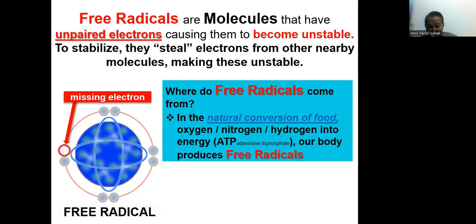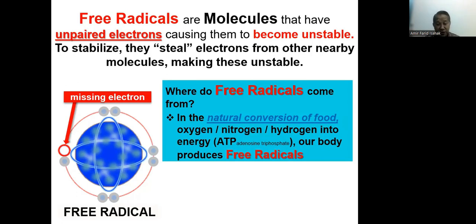Unfortunately, the main source of all these unstable molecules, the free radicals, is our metabolism, because as part of the normal production of energy, there are waste products, and there are also molecules produced because of inefficient metabolism.